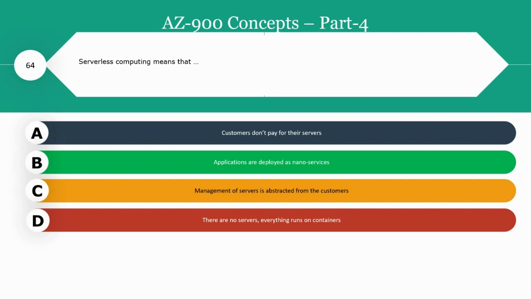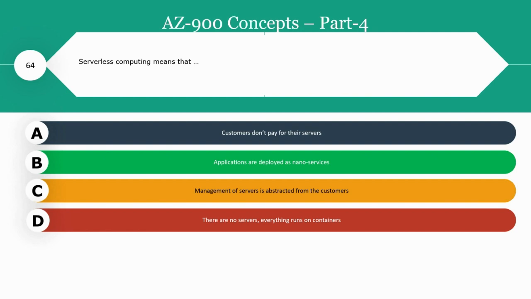Between option B and C, serverless computing is a kind of cloud computing execution model in which the service provider allocates machine resources like servers on demand, taking care of the servers on behalf of the customer. Say for example, any server upgrade with respect to hardware or software.